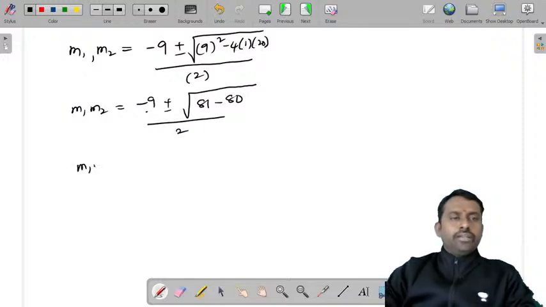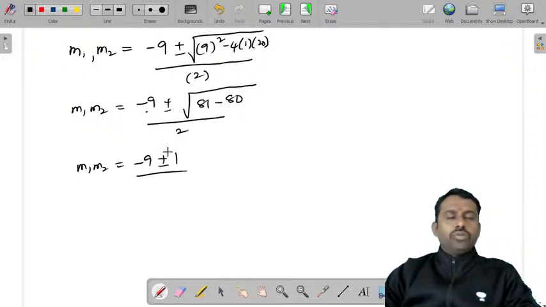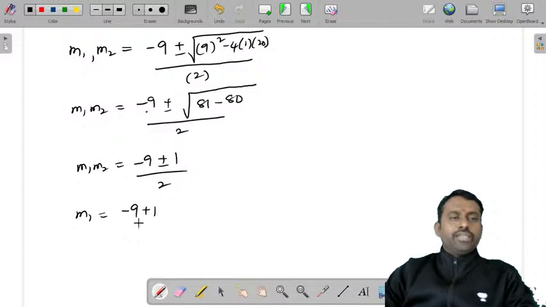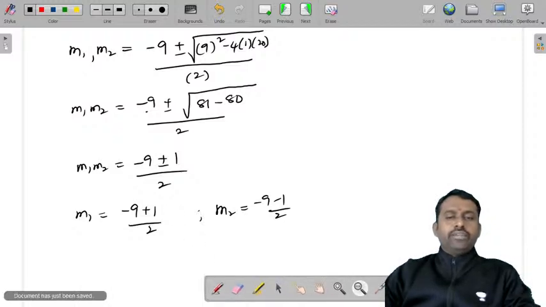So what you'll get, m1 comma m2 is equal to minus 9 plus or minus 1, root 1 is 1, by 2. So m1 is equal to minus 9 plus 1 by 2 and m2 is equal to minus 9 minus 1 by 2. So what is the value that you get?